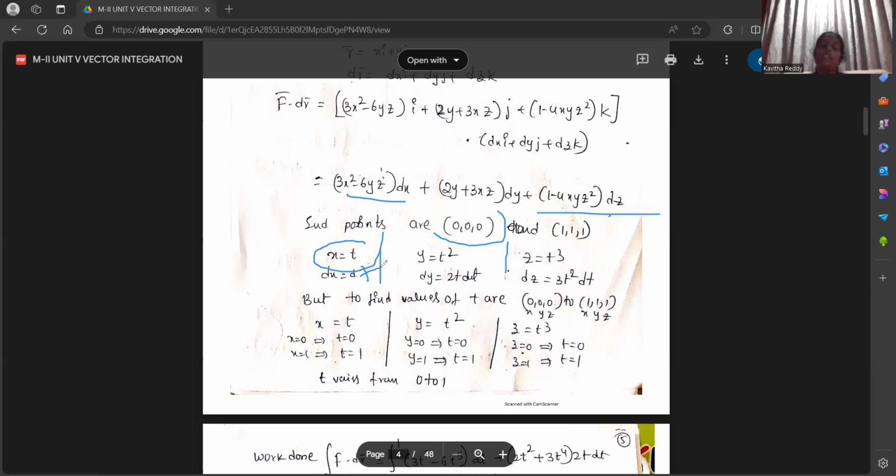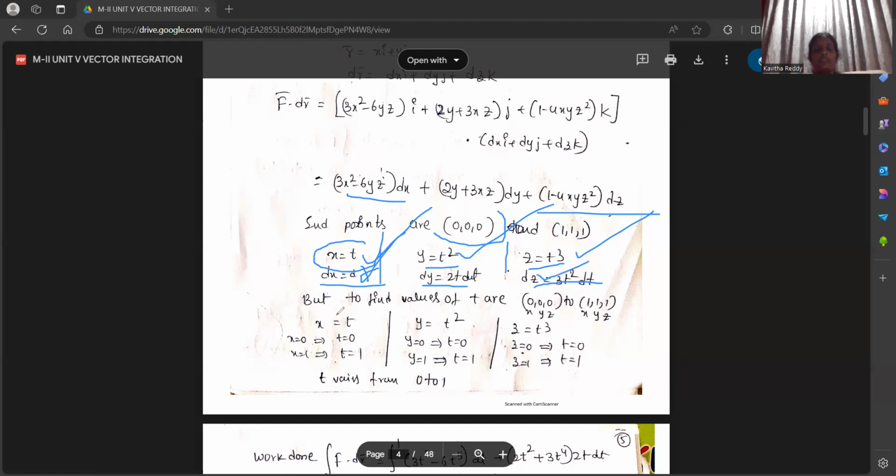Then y equals t², so dy equals 2t dt. z equals t³, so dz equals 3t² dt. To summarize: x equals t, y equals t², z equals t³, dx equals dt, dy equals 2t dt, dz equals 3t² dt.